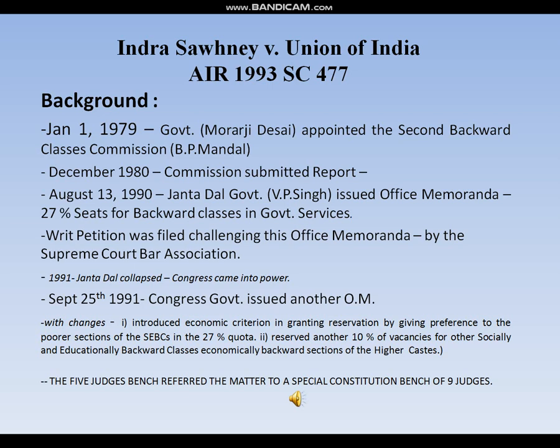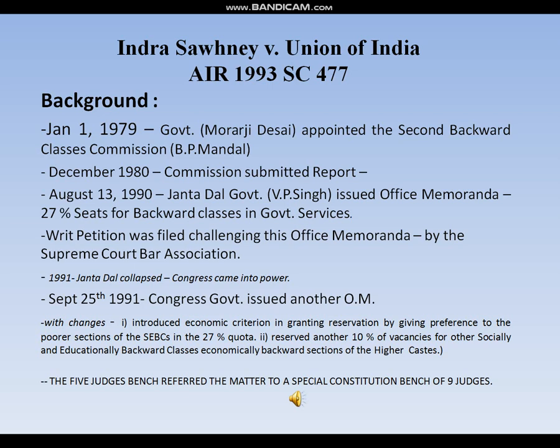In the meantime, the Janata government collapsed, and a new party came into power, the Congress party. The Congress party, being then in power, did not implement the Mandal Commission report. Then in 1989, the Congress party was defeated, and the Janata Dal government came into power.